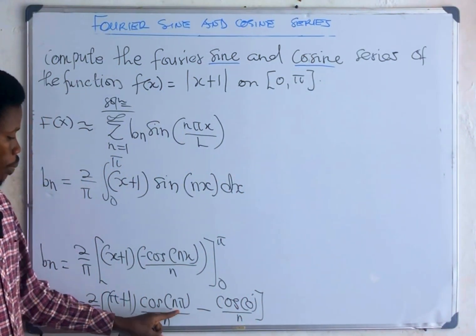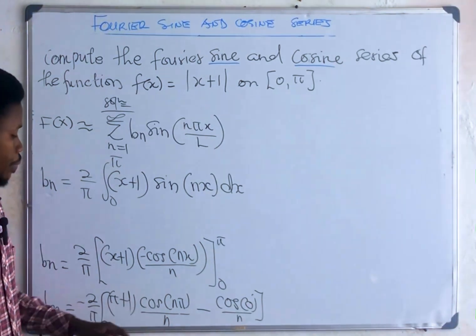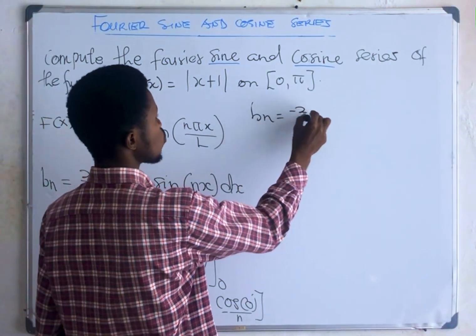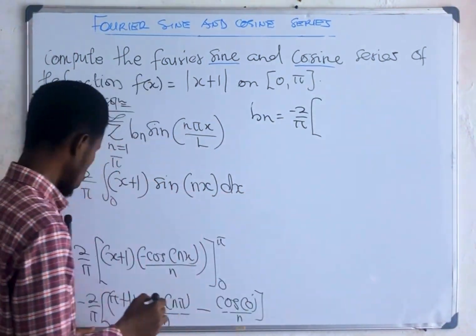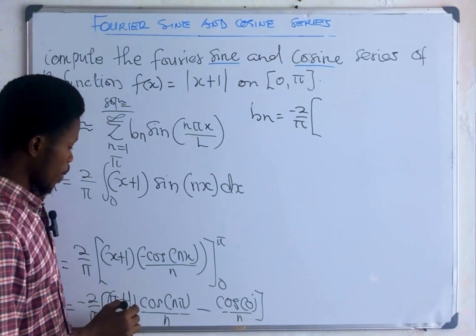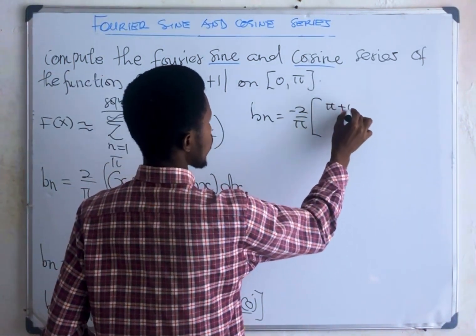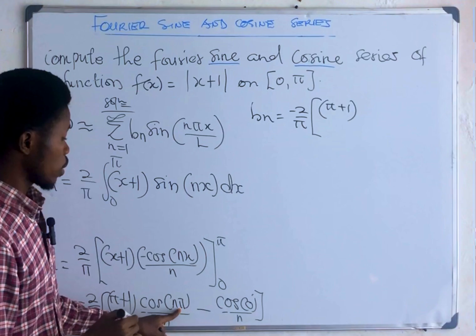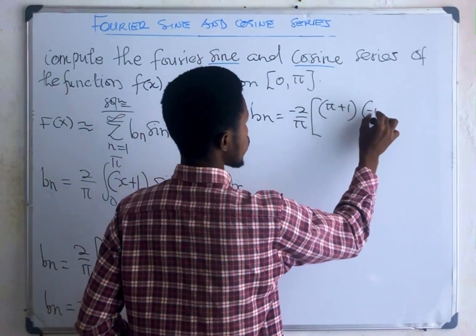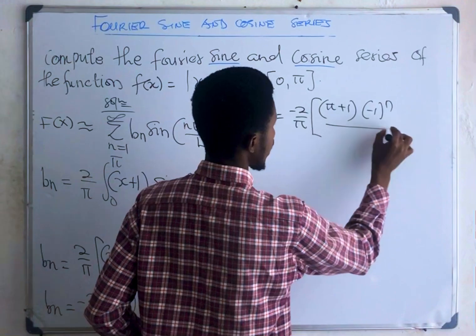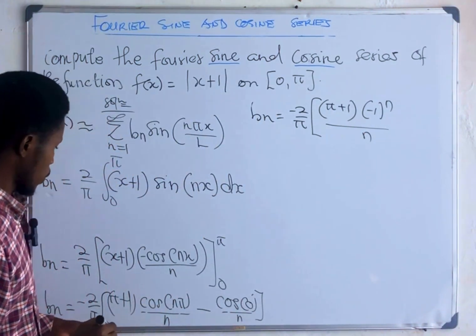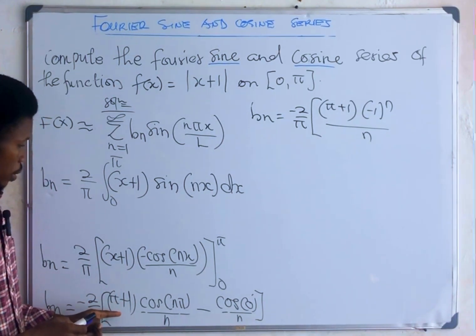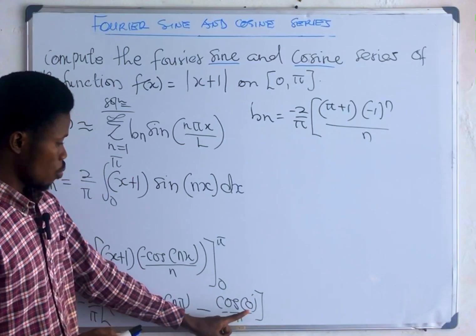Now we know that cos n pi is negative 1 to the power n. So what we have now is negative 2 over pi. Now already have pi plus 1. So pi plus 1 and cos n pi over n. Cos n pi is negative 1 to the power n, right? So negative 1 to the power n. Remember, this one is dividing by what? N. Then this place will be cos 0 is 1.